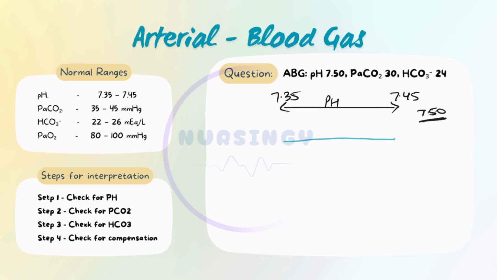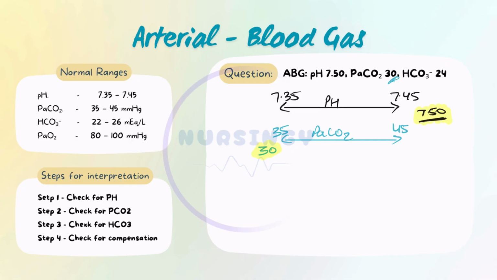Next step, we are going to check PaCO₂, and our normal range is 35 to 45, and the patient is coming with 30. So that is here. And from this we have already found out that the patient is alkaline, and because PaCO₂ is opposite, it is respiratory alkalosis.